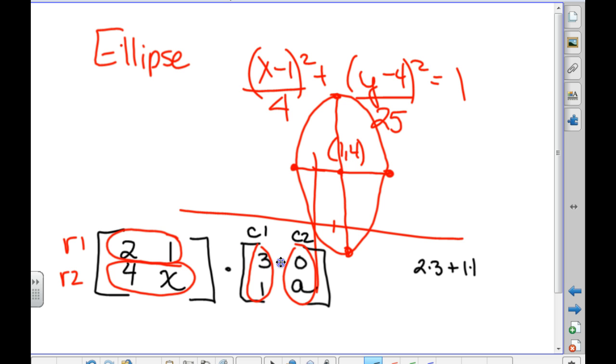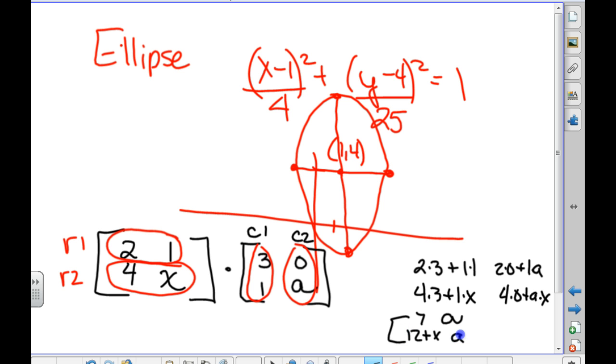So it's 2 times 0 plus 1 times A. And then to get row 2, column 1, this entry down here, you do 4 times 3 plus 1 times X. And then you do 4 times 0 plus A times X. So the answer would be 7, A, 12 plus X, and AX.